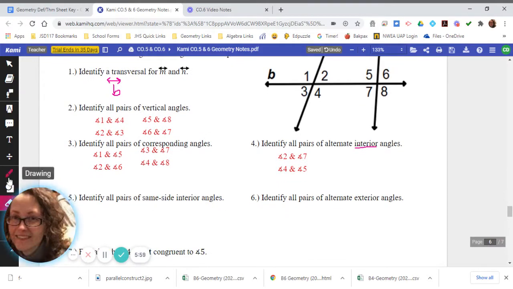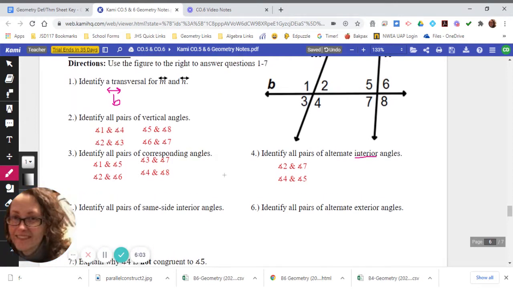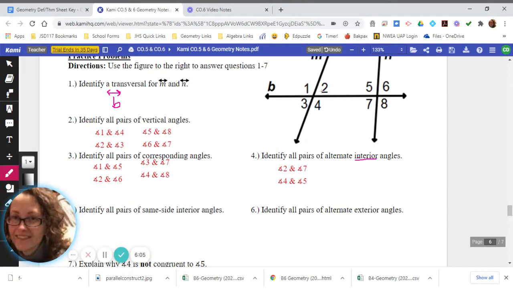Now I'm going to identify all of my same side interior angles. So I want same side of the transversal inside my two lines. So here I have angle 2 and angle 5 are going to be inside those two parallel lines and on the same side of the transversal.